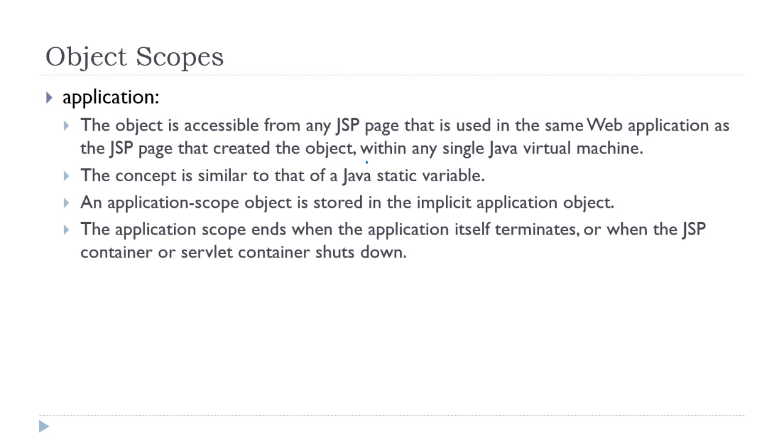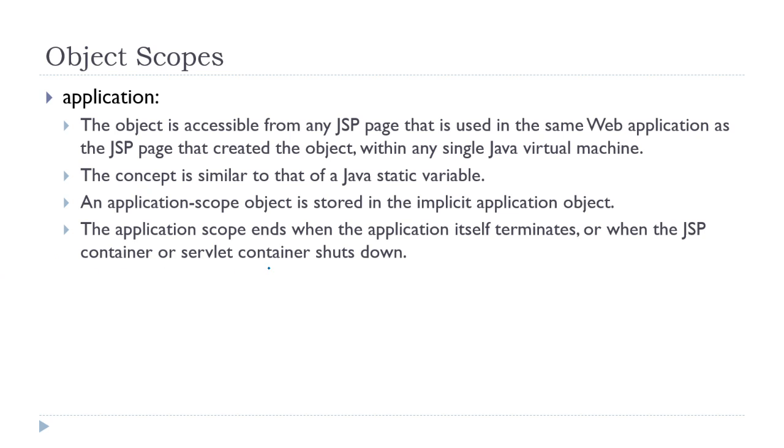This is also an implicit object in JSP, and there is only one application object for one web application. Whenever we want to access any context related, that is web application related objects, we can use this application object.